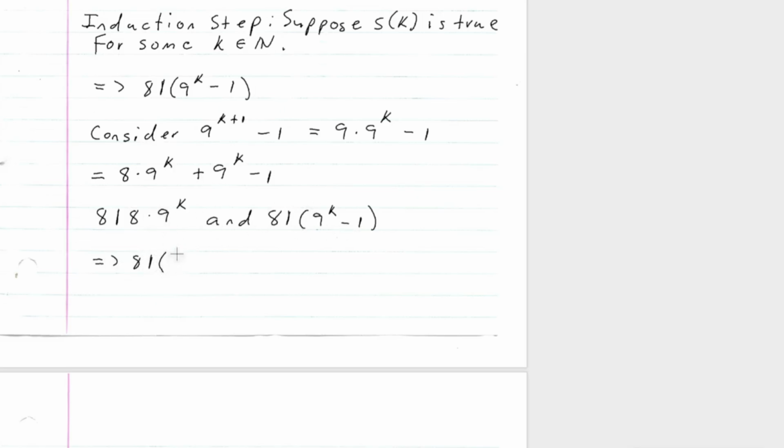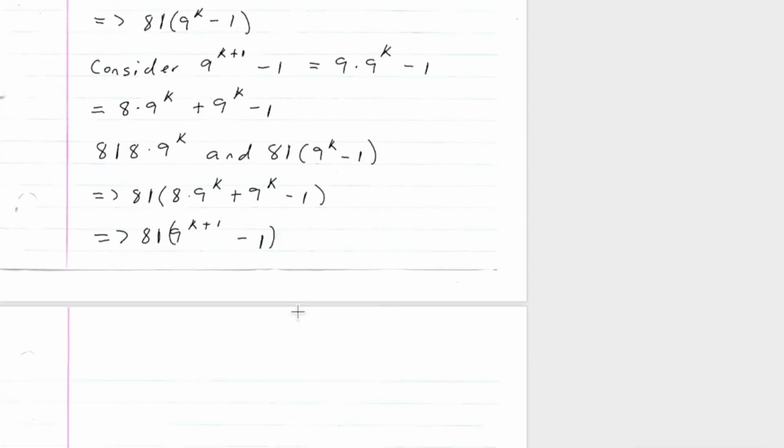So 8 divides 8 times 9 to the k plus 9 to the k minus 1. But we do know that 8 times 9 to the k plus 9 to the k minus 1 is the same thing as 9 to the k plus 1 minus 1, right?